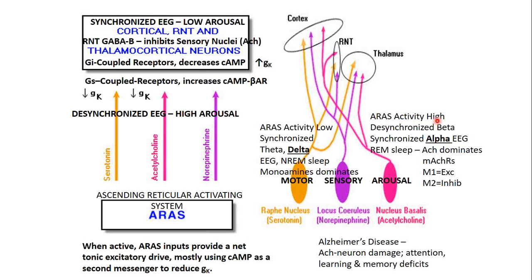Now, remember we talked about the high ARAS activity, producing a desynchronized beta, and sometimes also responsible for part of the synchronized alpha rhythm. We don't know too much about the beta, but we do know a lot about the alpha, because as Richard has said many times, you QEEG guys believe that the alpha is a pretty consistent rhythm and is more predictable than some of the others, especially in the eyes closed state.